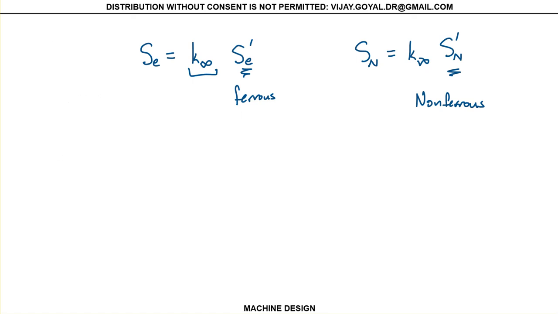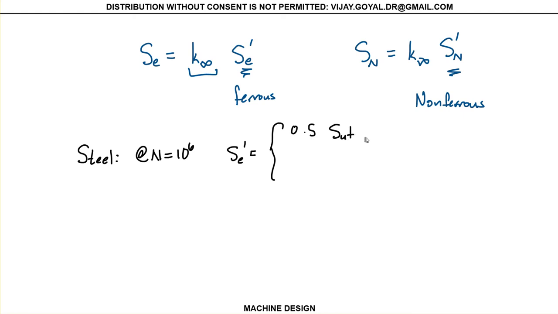Your textbook gives you some of these, but I like to use the following. You may want to take a good note of this, but these are the ones I would like for you to use for your homework. When N is equal to 10 to the 6, these are the values that you're going to use for S_E prime. There are two cases. First case is 0.5 S_UT.